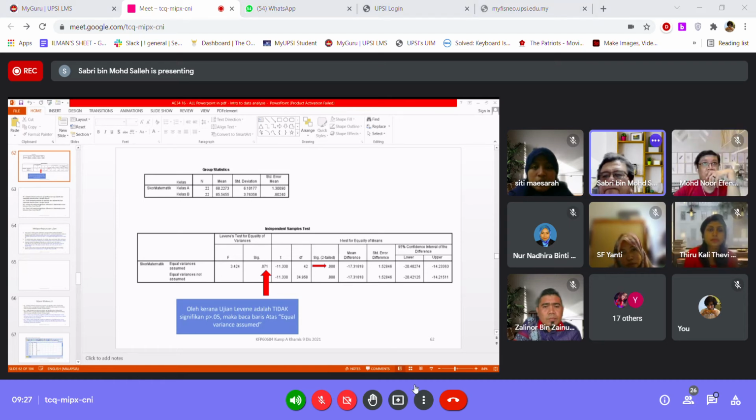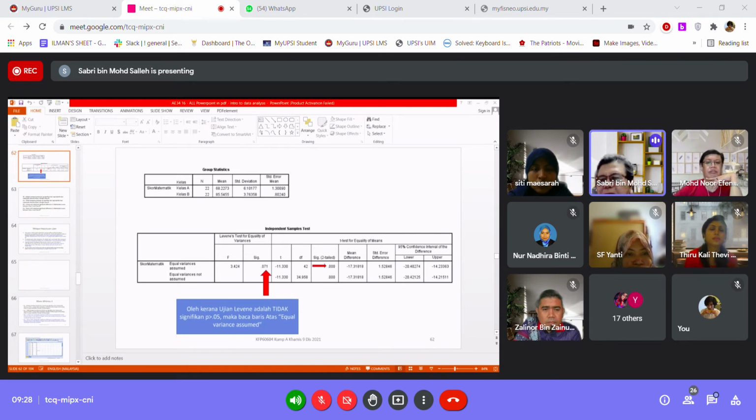Okay, yang ini. If you read this, if this number is significant, then you read the lower row. Okay, kau tak boleh ingat. Jika signifikan yang ini, baca bawah. Jika tidak signifikan, baca atas.